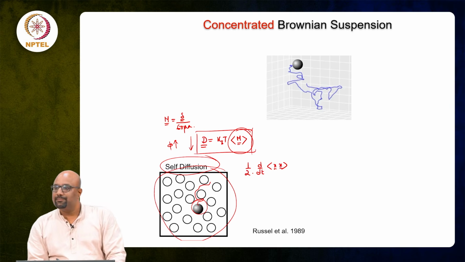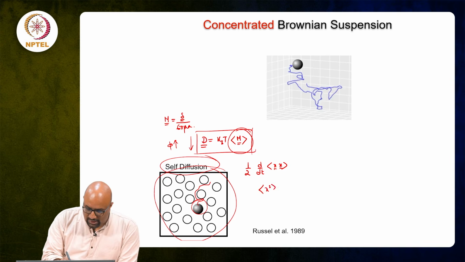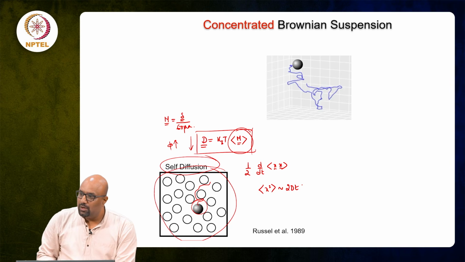of this. We learnt about mean square displacement, and we learned that for the 1D problem that we did, what was mean square displacement for long time? 2 dt, right.